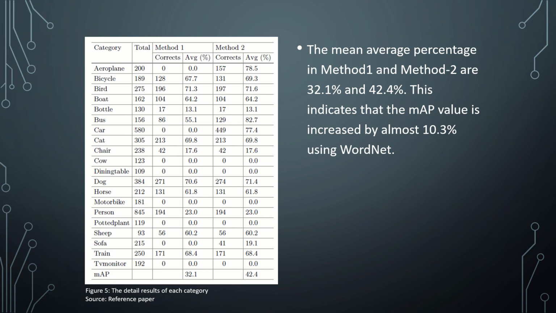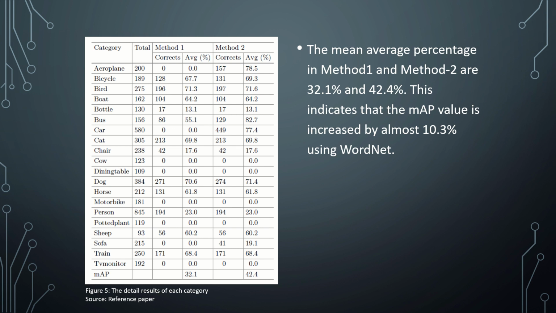So this table represents the mean average percentage of different words using two methods, method 1 and method 2. The mean average percentages of method 1 and method 2 are 32.1 percent and 42.4 percent, indicating an improvement of 10.3 percent between the two approaches.